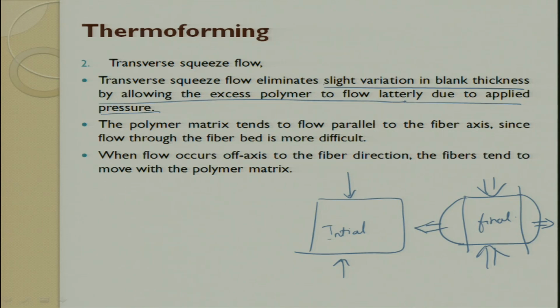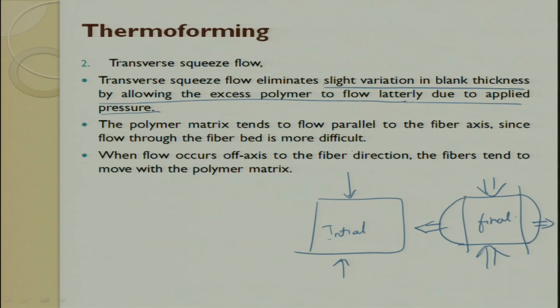Okay. So, the transverse squeeze flow eliminates the slight variation in thickness by allowing the excess polymer to flow out, because we do not want resin-rich polymer regions. The polymer matrix tends to flow parallel to the fiber axis, since flow through the fiber bed is more difficult.